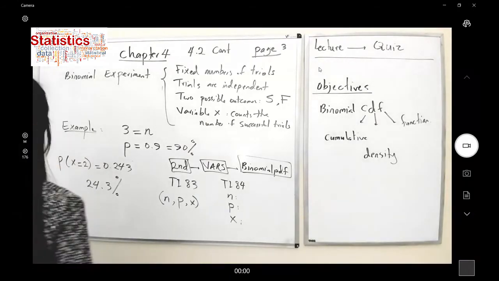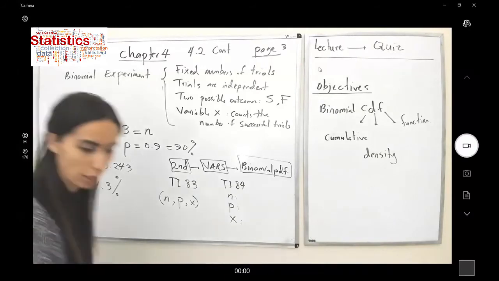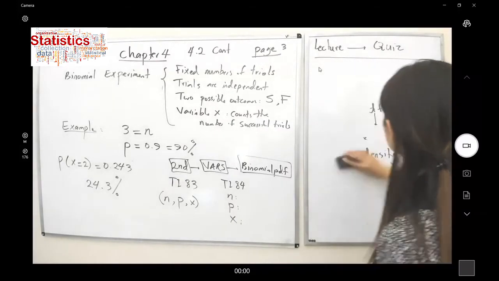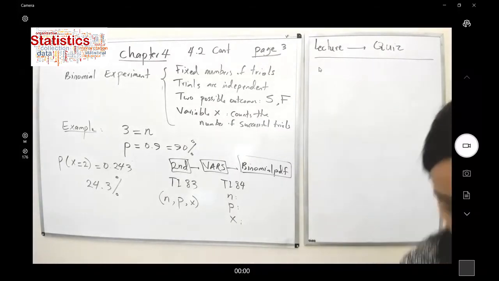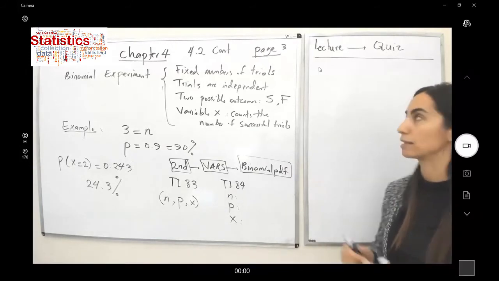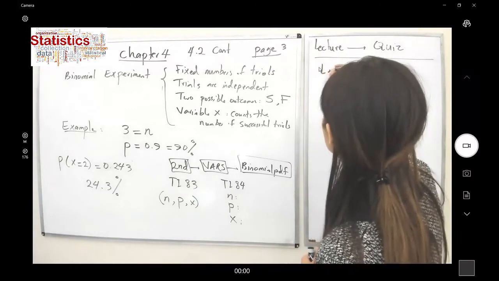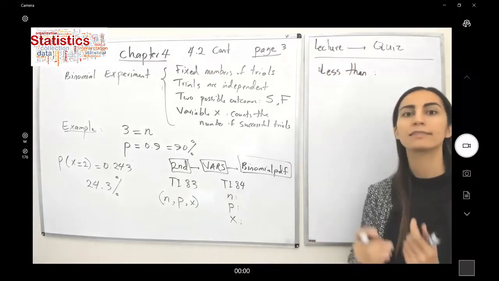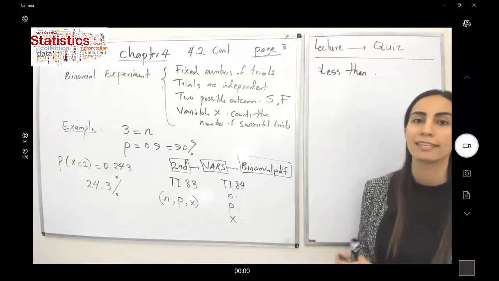Okay, let us get back to some algebraic concepts and how to translate those into mathematical symbols. So what's the meaning of less than? What is the symbol that you're using for less than?